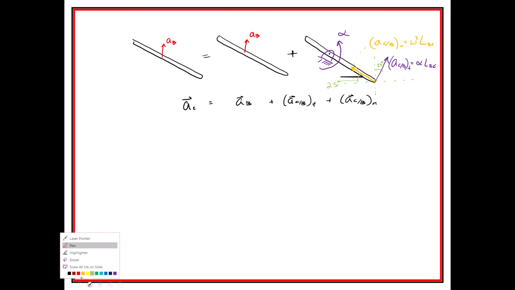And on the left-hand side of this, I will put in the acceleration of C in the x direction, acceleration of C in the y direction. And so in the x direction, we get acceleration of C in the x direction is going to be equal to, well, I didn't draw it on here, but that's the purpose of this.